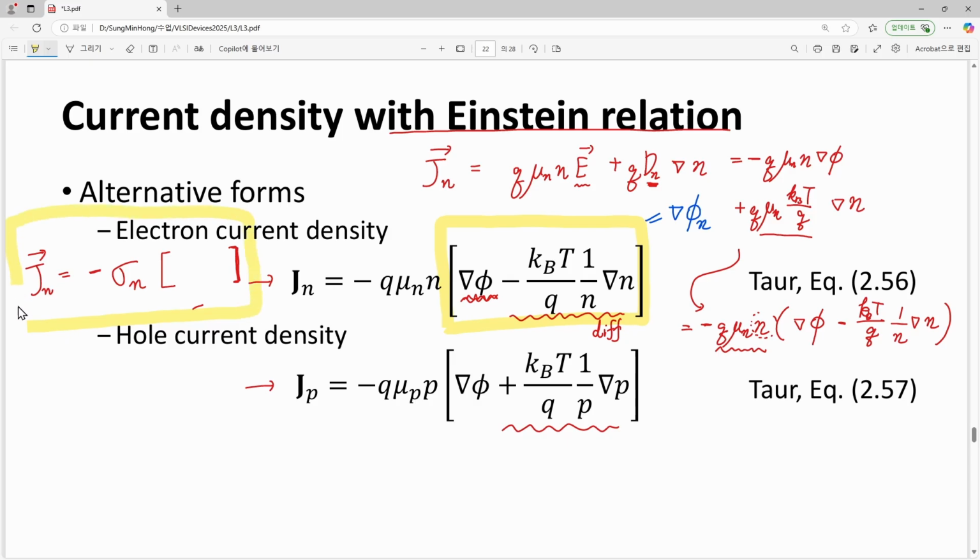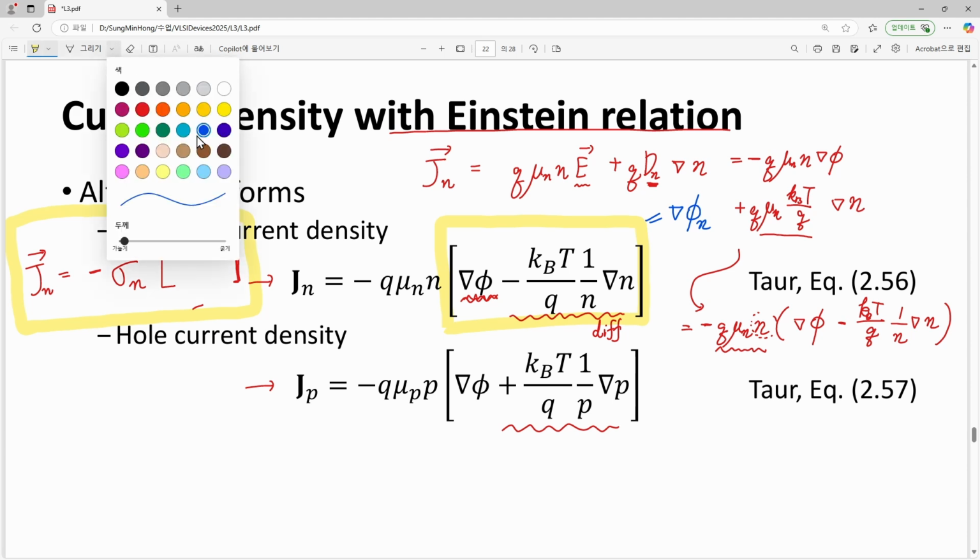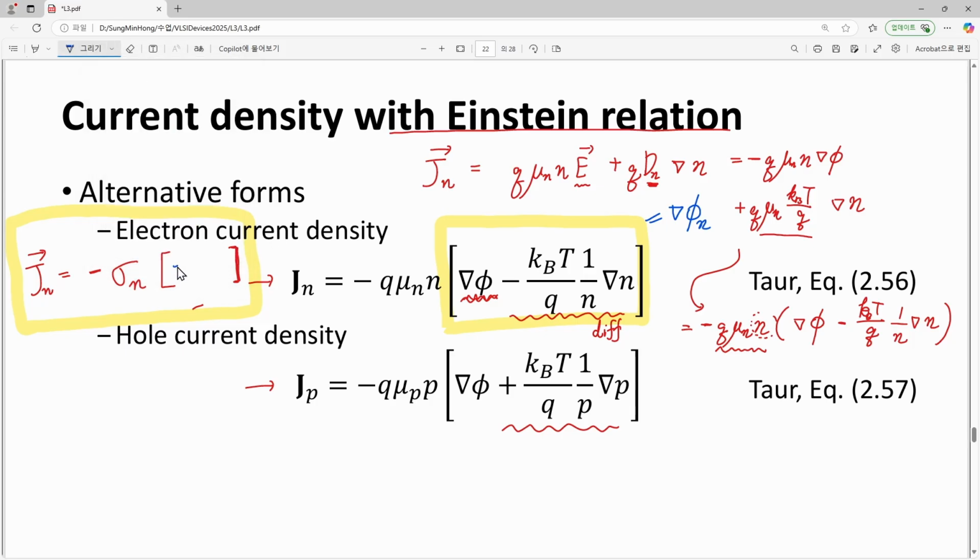So now let's finally come back to this term. Now electron current density can be written as minus electron conductivity times something. Previously, when we considered only drift component, that was the gradient of electrostatic potential. But even when we consider this diffusion term, still it can be written as gradient of our electron quasi-Fermi potential.